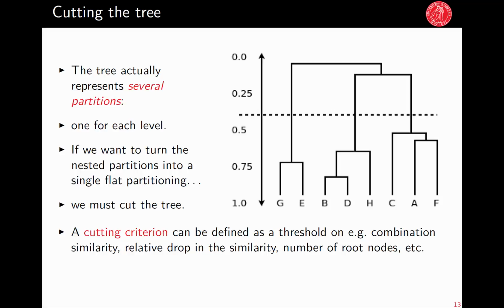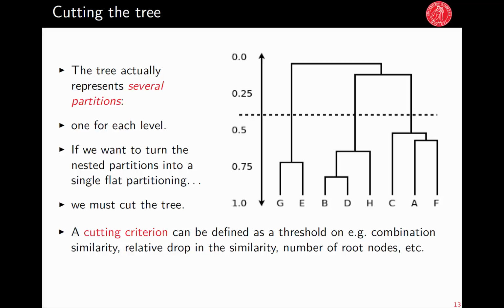So each branch in the tree here corresponds to another way of clustering the data, another partition. So we have, in a sense, a set of nested partitions represented by this tree diagram. But in practice, we typically would like to have a flat clustering.